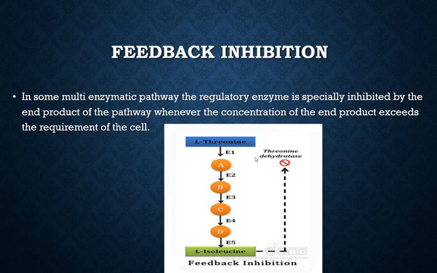The first enzyme E1 makes A, and then E2 makes B, and E3 makes C, and E4 makes D, and E5 makes this L-isoleucine. Okay. And just assume this L-isoleucine concentration is very high in the cell.